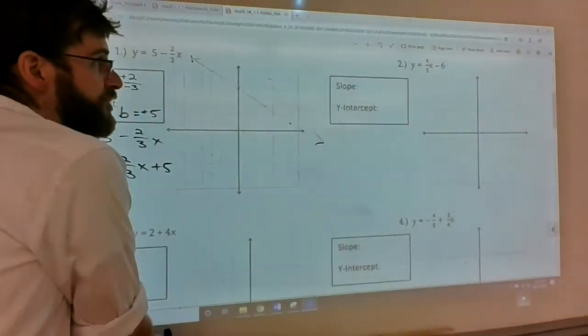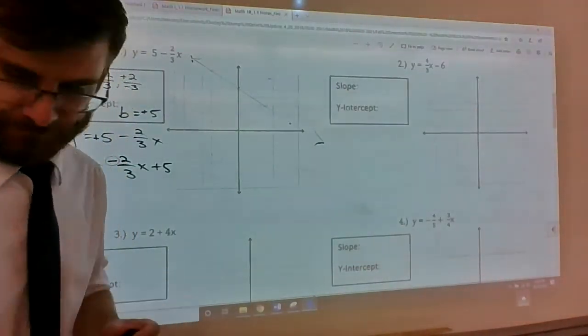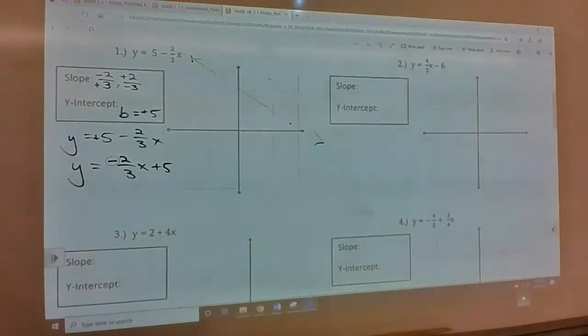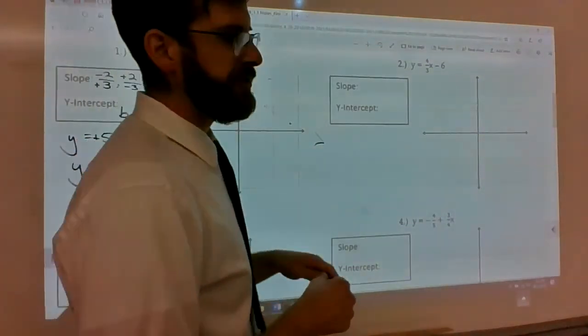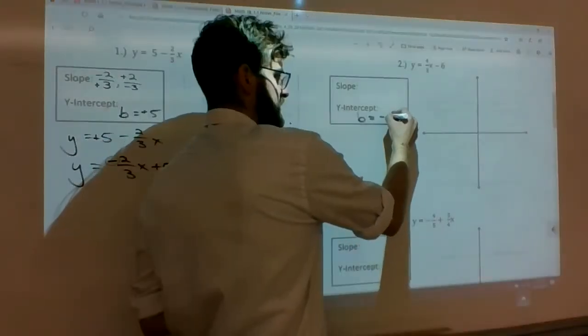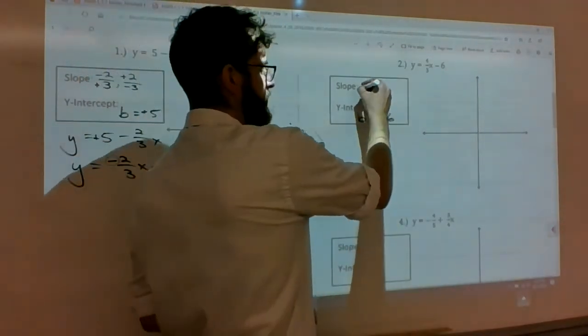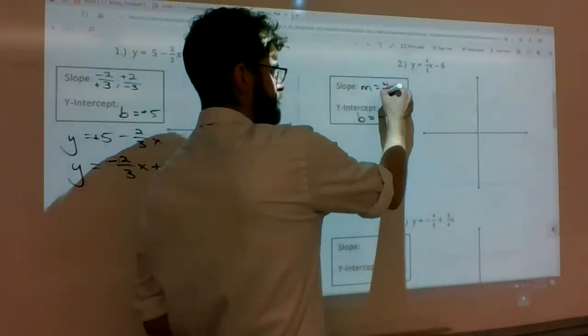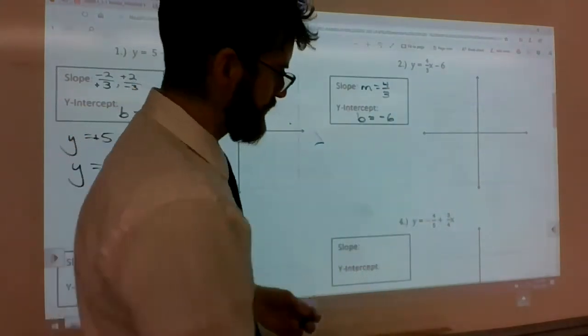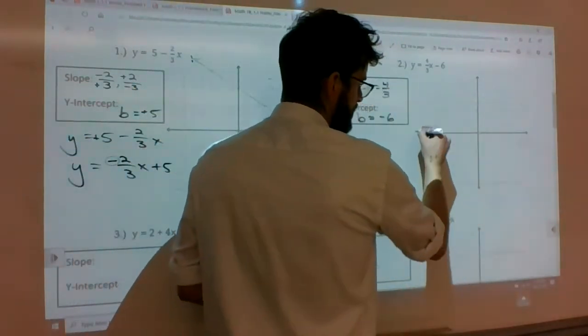All right, let's try example number 2. Everything seems to be in order. You got y equals 4/3 x minus 6. So the y-intercept is 6 below the x-axis. And the slope is 4 over 3. So you can just start at negative 6. So this is the x-axis.